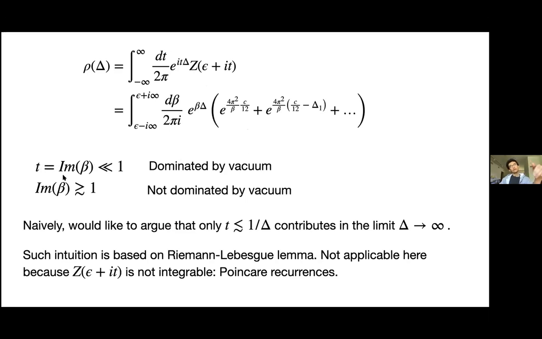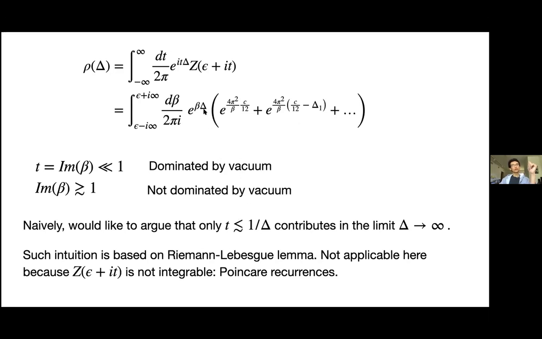For sufficiently small betas, indeed, this is dominated by the vacuum contribution, and if you integrate it, you would get the Cardy behavior. But for larger betas, all the other terms actually become relevant, and they become of the same order as the first term. And so the approximation by just the vacuum is not valid.